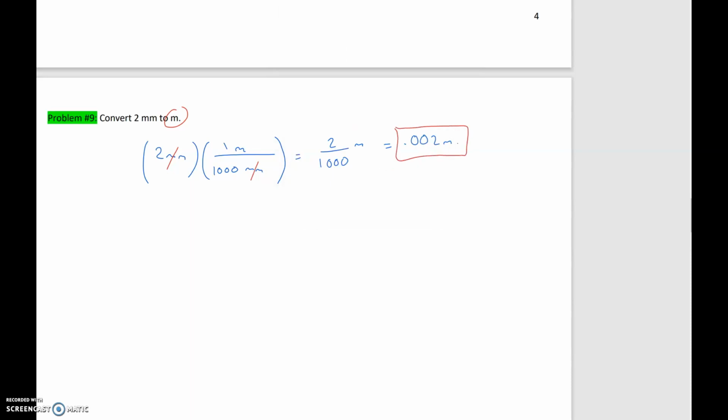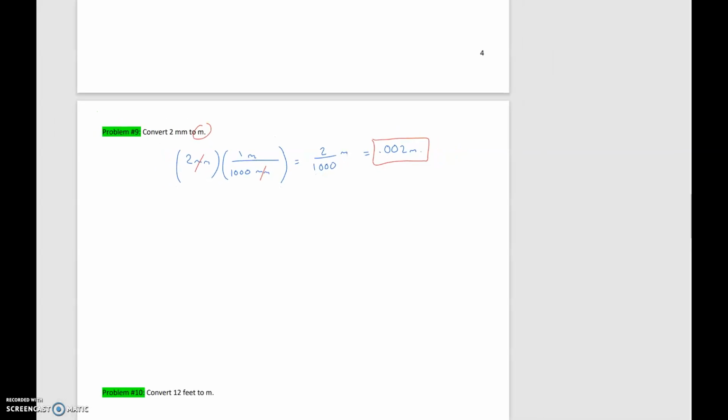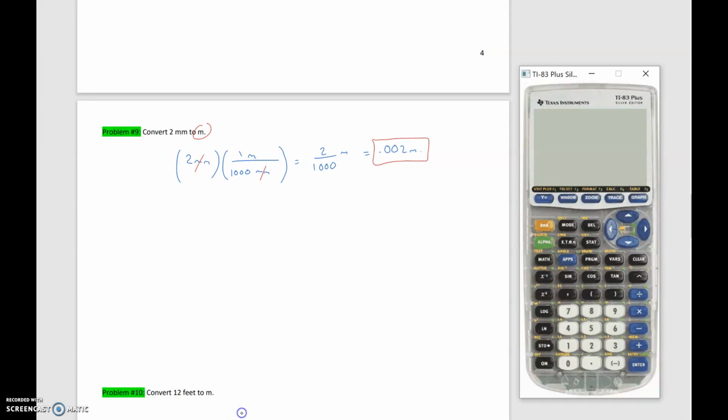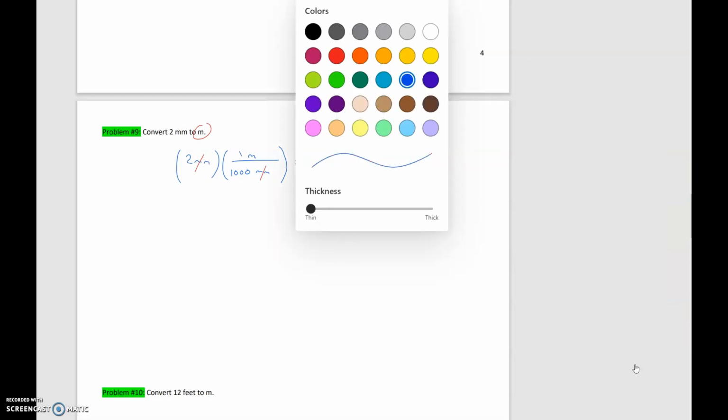And then also for these problems, they do expect us to be punching them in on the calculator to verify it because of the numbers. So in this case, this is going to be 2 divided by 1,000, 3 zeros, and that will be 0.002. That's actually it. Let me write it as a sentence.